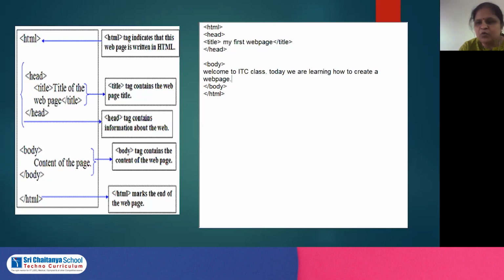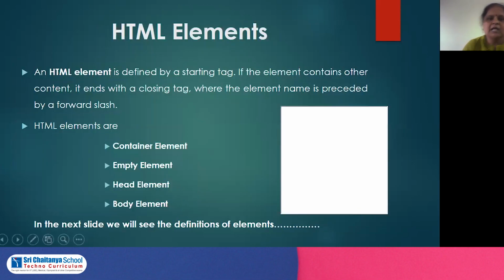Now let us move forward. See, each HTML page has some elements or tags. These are the tags. An HTML element is defined by the starting tag. If the element contains other content, as you might have observed in the previous example, within the title I have written my first page.